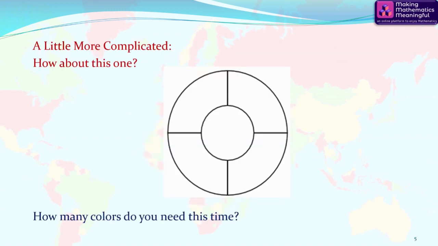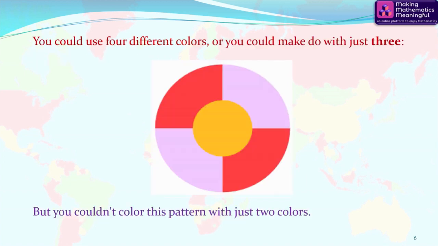A little bit more complicated. How about this one? Now this time, how many colors do we need? Is it 2? Or is it 3? Or is it 4 this time? Check it out.